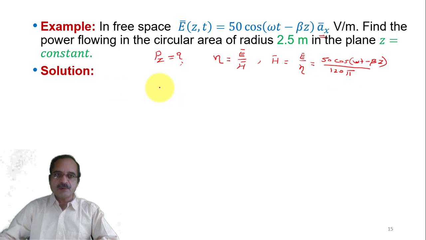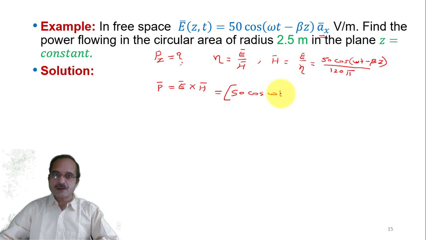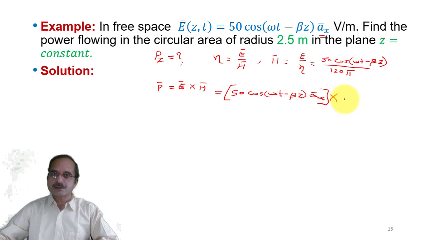Now as per Poynting theorem, we know P is E cross H. Substituting E and H, this is 50 cos(omega t minus beta z) ax cross 50 cos(omega t minus beta z) ay divided by 120 pi.